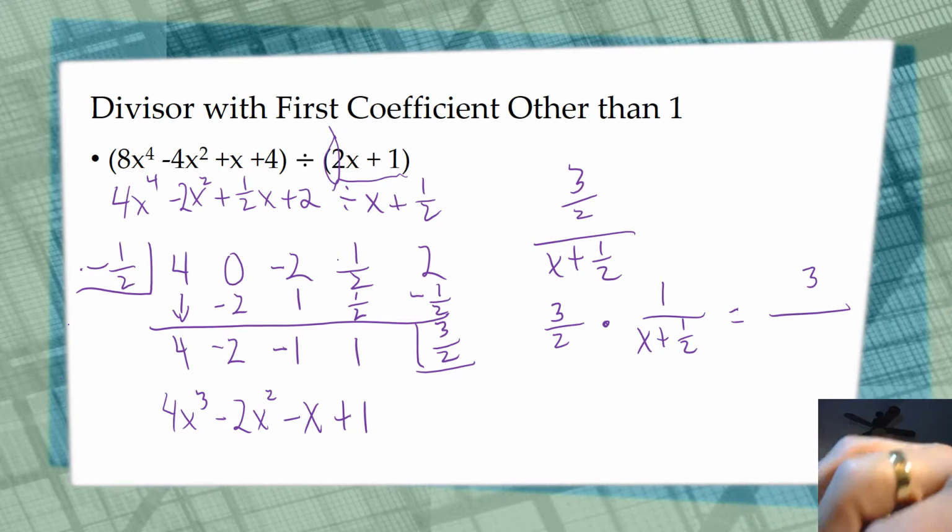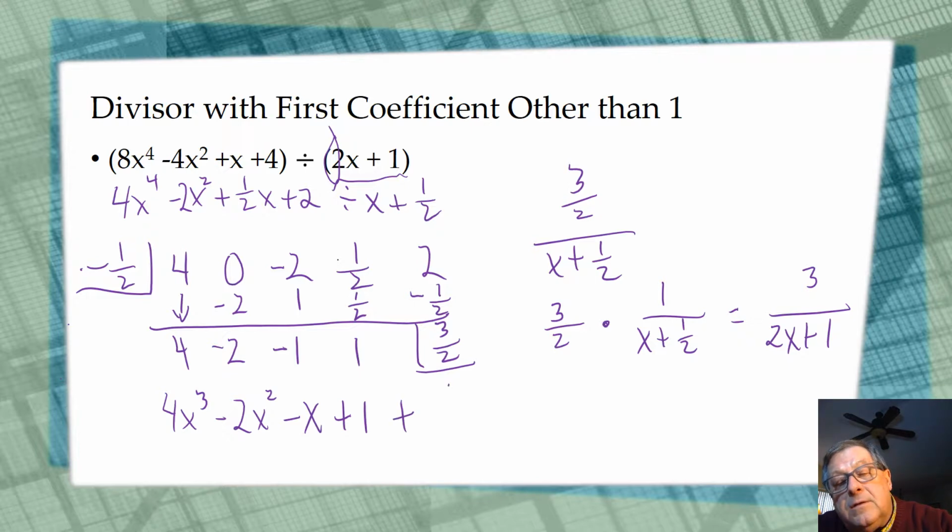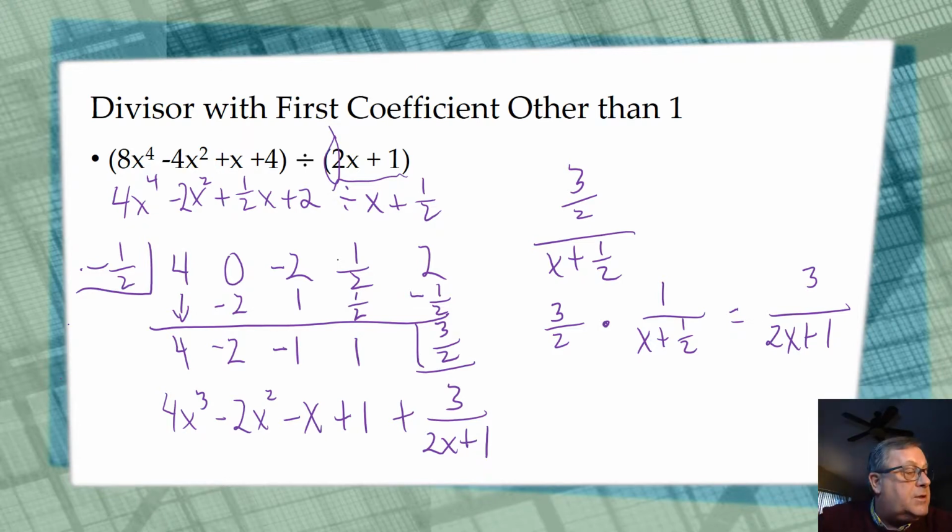And then 2 times x is 2x. And 2 times positive 1/2 is positive 1. And so then I've got a remainder of plus 3 over 2x plus 1. And that's my answer. 4x cubed minus 2x squared minus x plus 1 plus 3 over 2x plus 1.